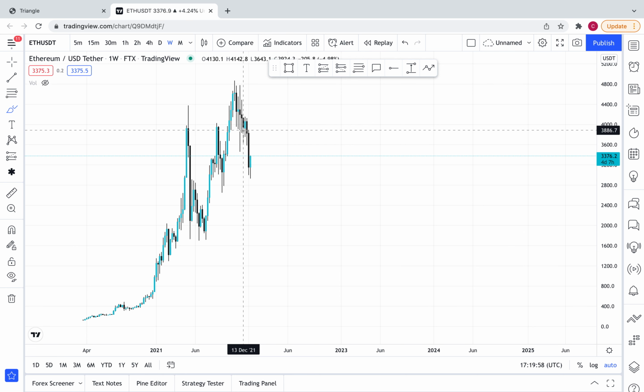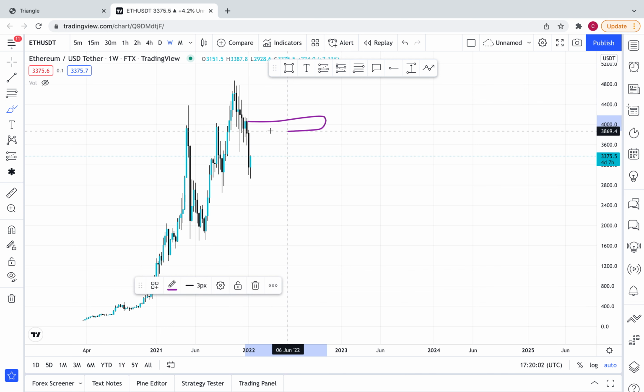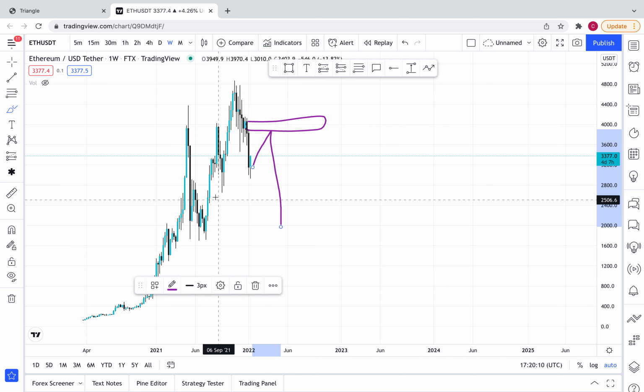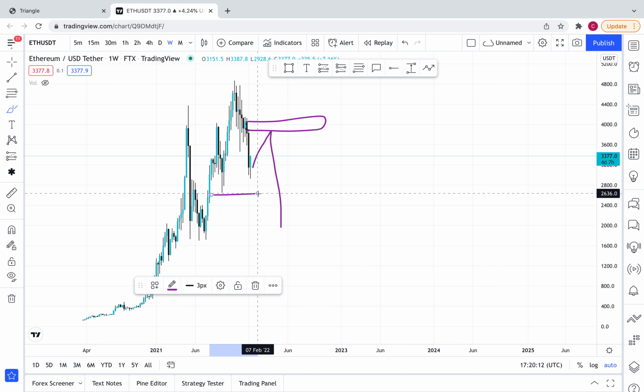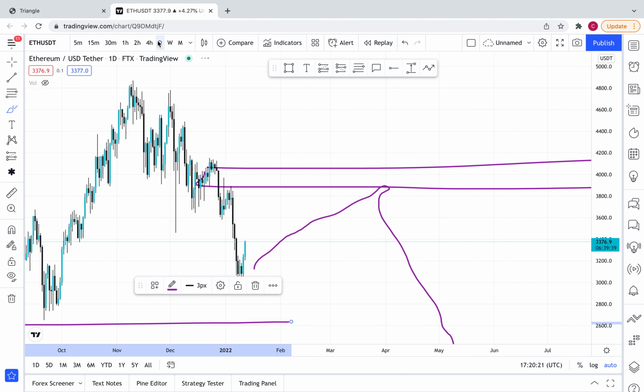Even in the weekly time frame, price is going to the order block here, to retest this order block to break this low to the downside. So what we'll be expecting is a short range of momentum to the high side before further breaking down to the low.